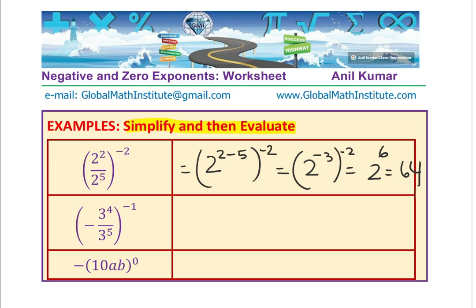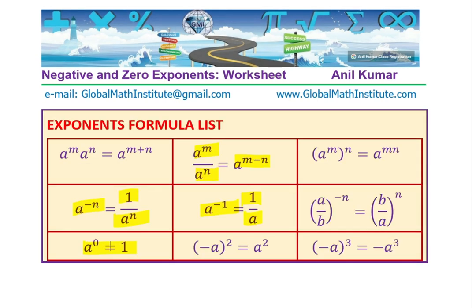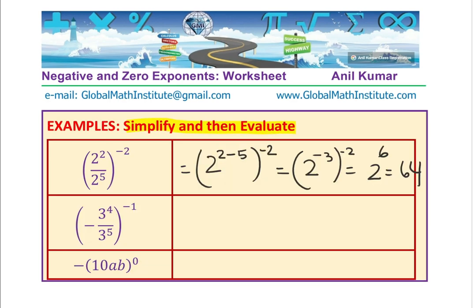So first thing we did was we applied the rule, and that is when you are dividing, in that case the exponents get subtracted. So we simplified using that rule, right? Because you're dividing 2 to the power of 2 by 2 to the power of 5, we write 2 minus 5, the exponents get subtracted.